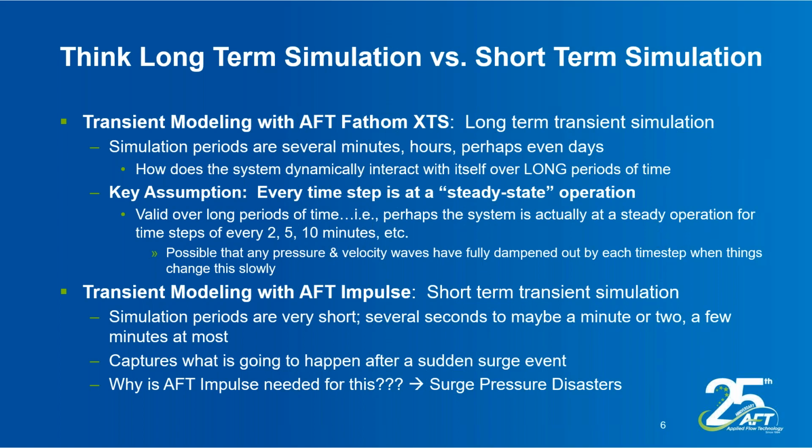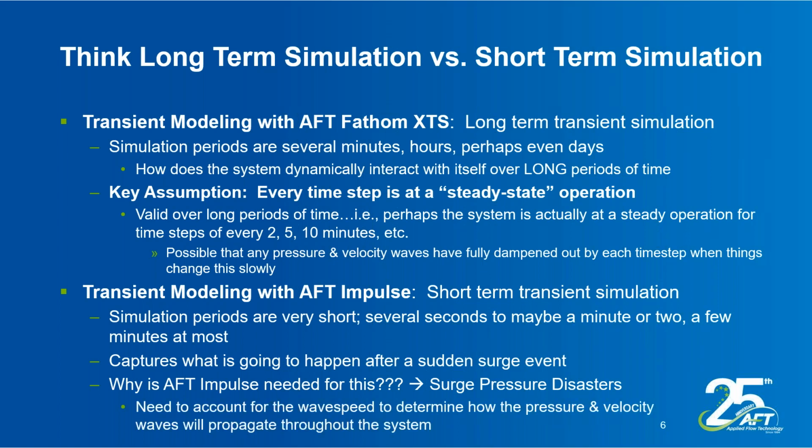If you have a pump that trips, maybe there's cavitation in your system that's going on. And so in those types of surge events, that's where you need a tool that will handle that type of phenomenon. And the reason why AFT Impulse is needed for doing that surge analysis is because the wave speed is a really important parameter to determine how fast a sudden pressure surge will pass through a system.